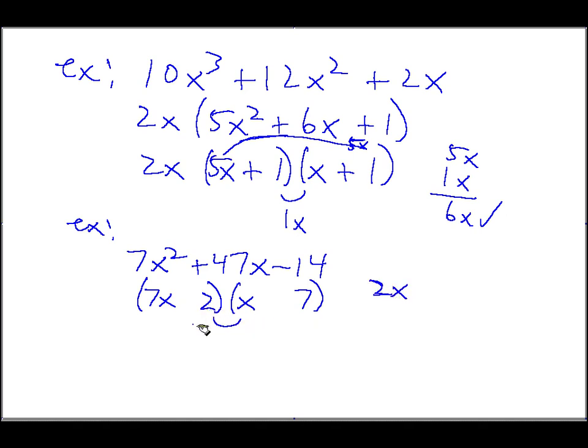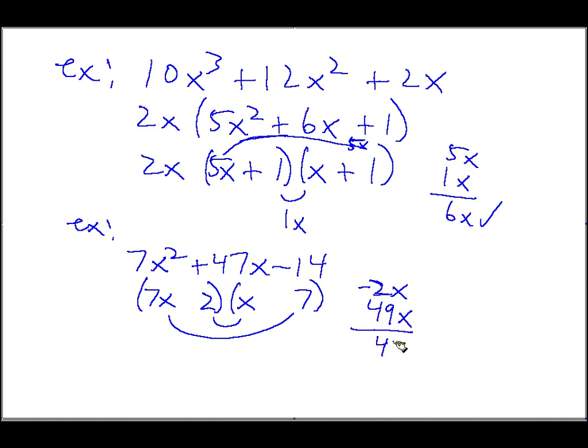This inner multiplication gives me 2x. How about this outer multiplication? 7x times 7 is what? That's 49x. Can we see that? So 2x and 49x. With 2 and 49, can I get a 47 out of that? Yes, I can. I can get positive 47 out of it if the 2x is what? Negative.